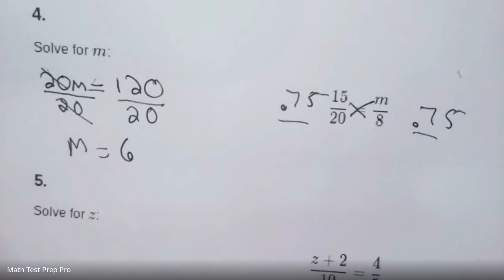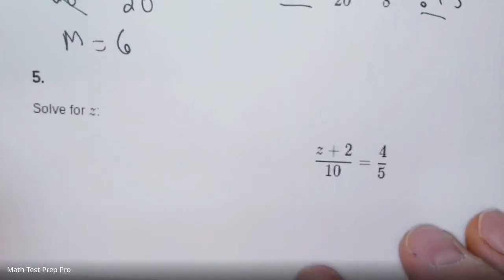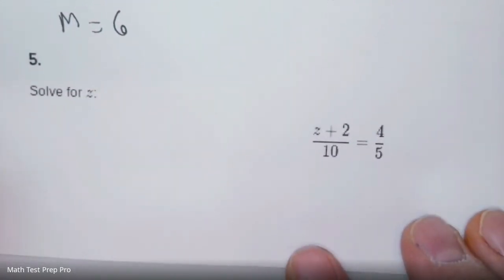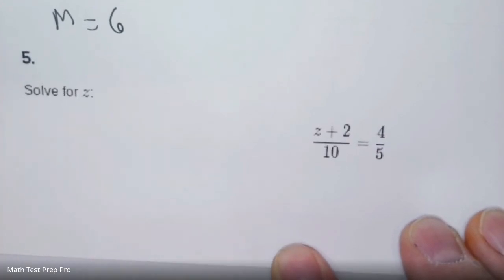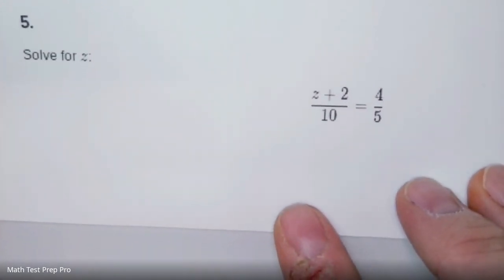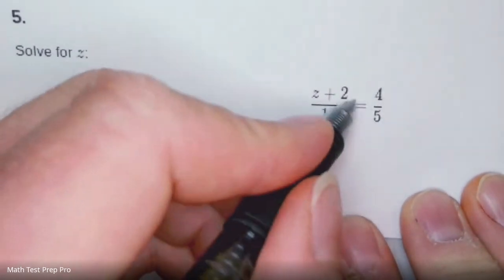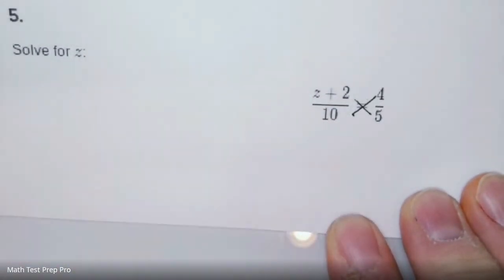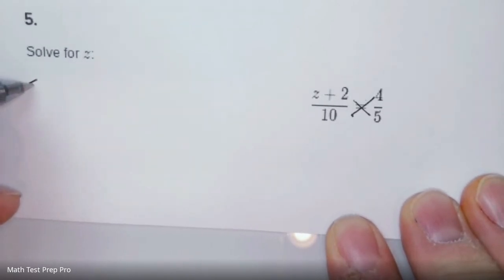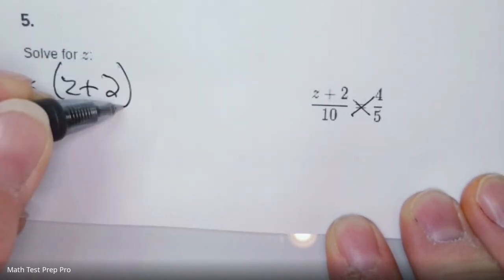And then number 5. This one's a little bit trickier. We're going to have to do a little bit of extra math, but we can do it. Number 5, solve for z. We're still using the same setup, same method. We're going to multiply 5 times z plus 2.